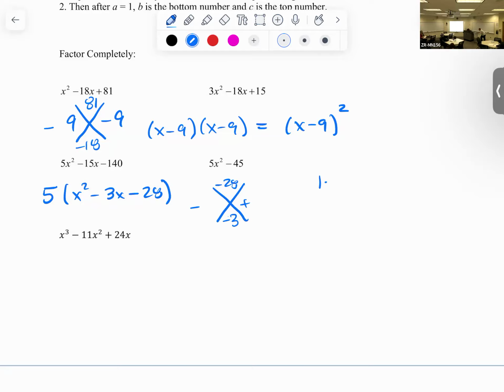If you struggle, start with the numbers. 1 times 28, 2 times 14. That's actually all the options. 4 and 7, which one is which? The 7 is negative. That is correct.